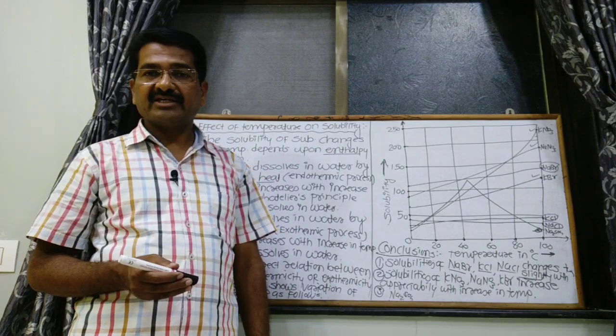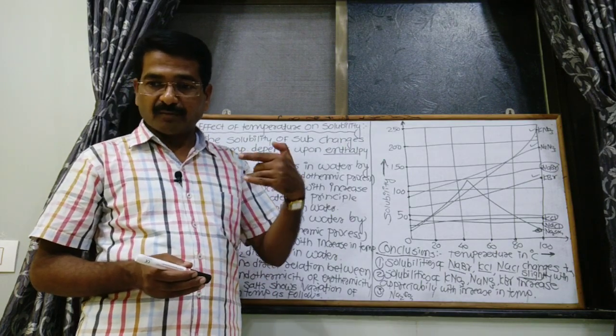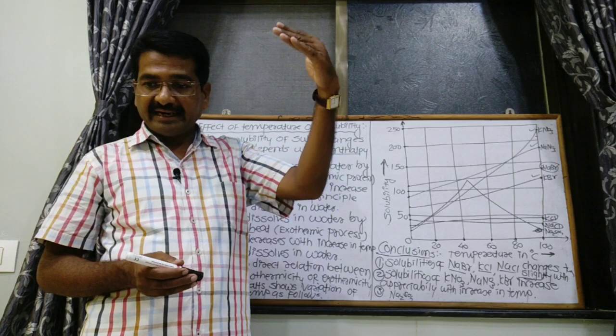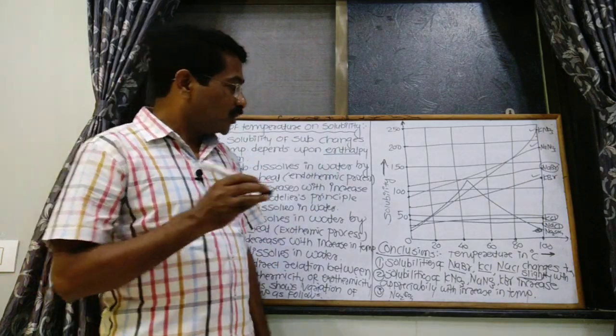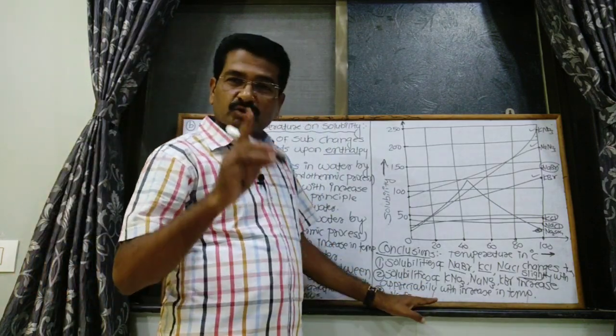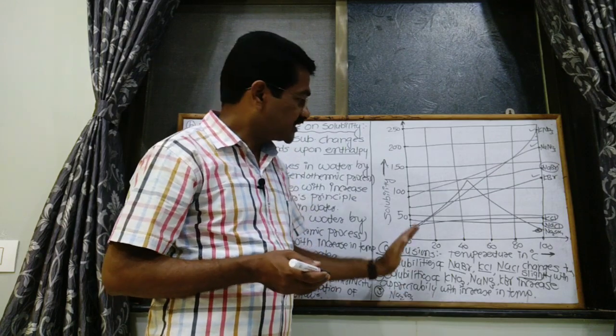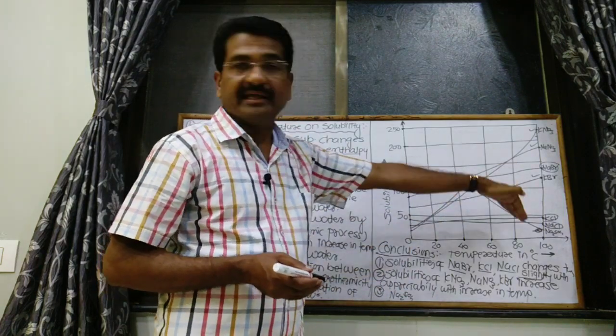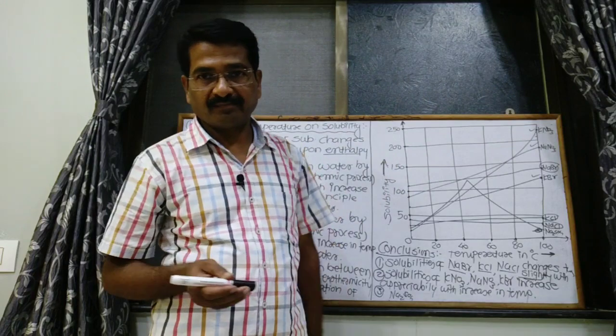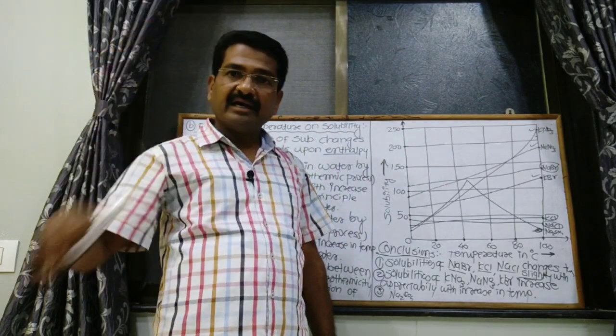This shows randomness. First it increases and then decreases. The solubility of sodium sulfate firstly increases and then decreases. That is the exceptional case.